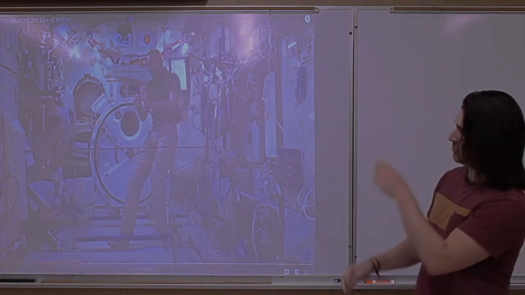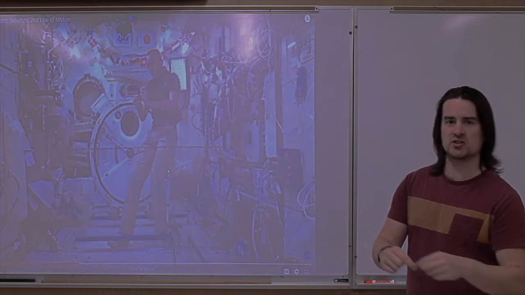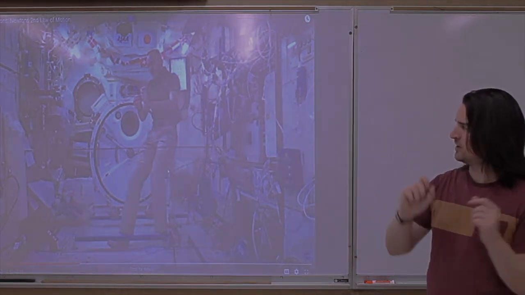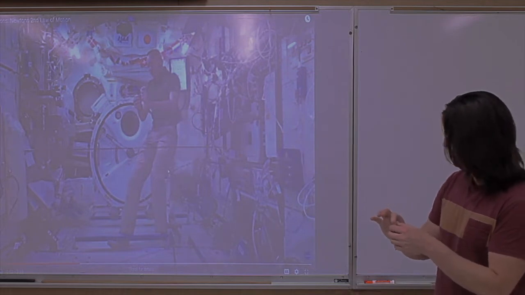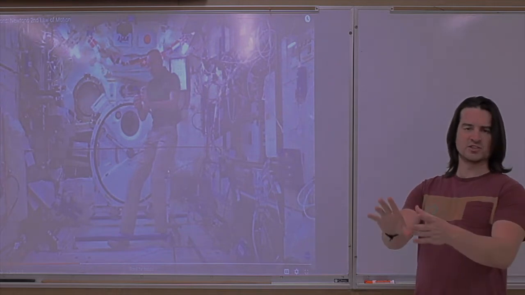So basically what he's going to do in this video is use this elastic band that's tied between the two walls here. He's going to take different objects and use the elastic band to slingshot them.